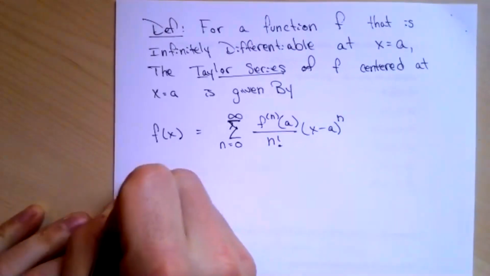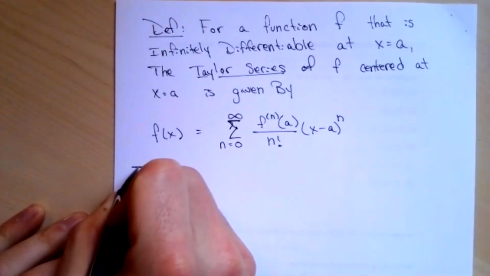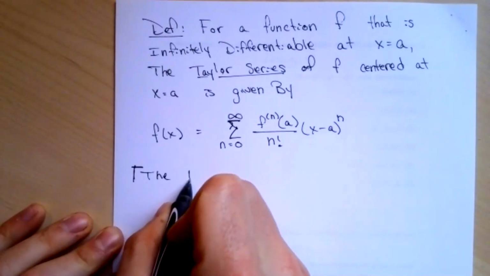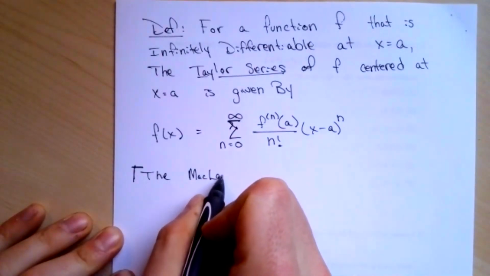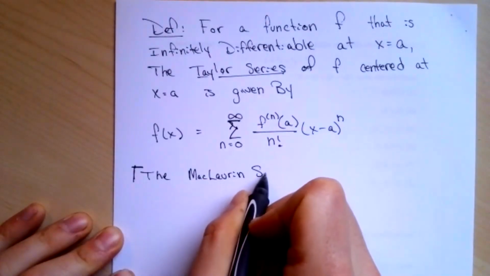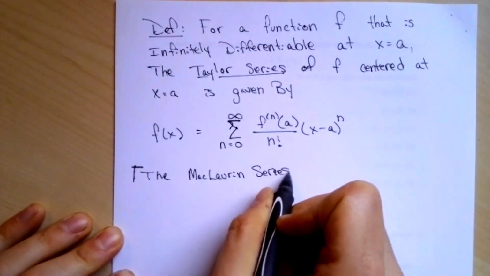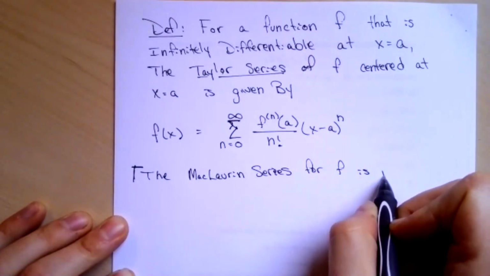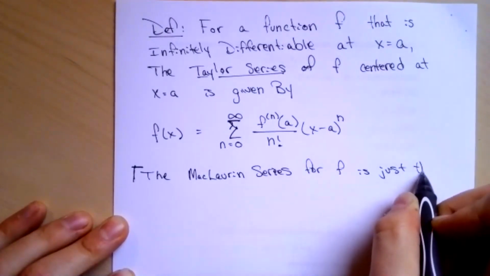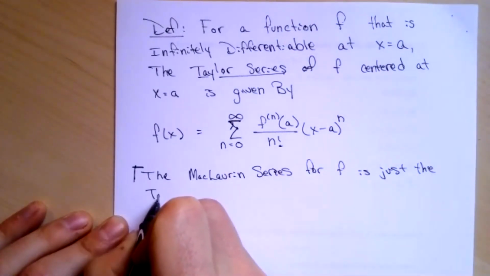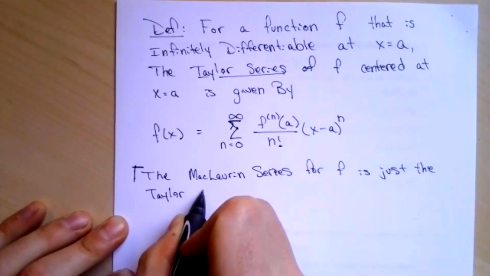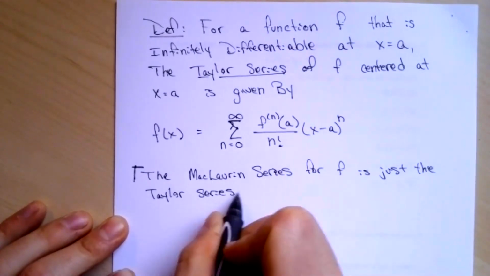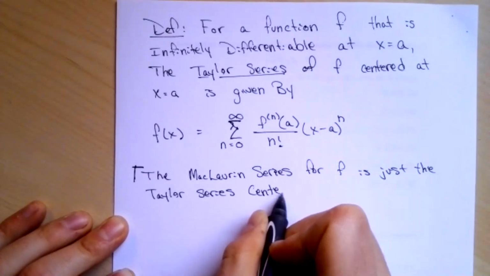So the Maclaurin series for f is just the Taylor series centered at 0.